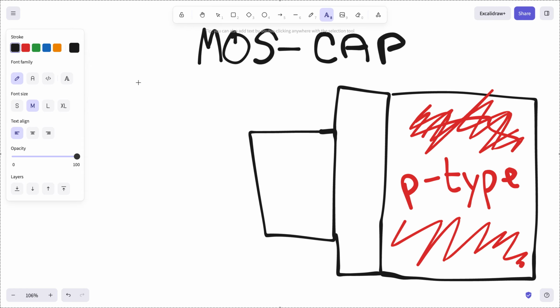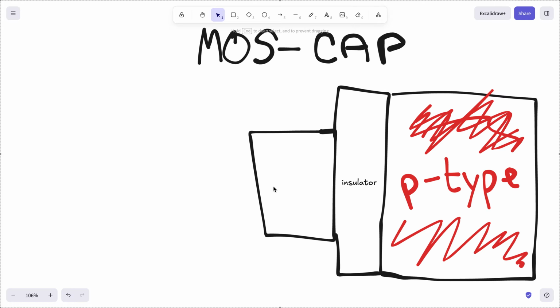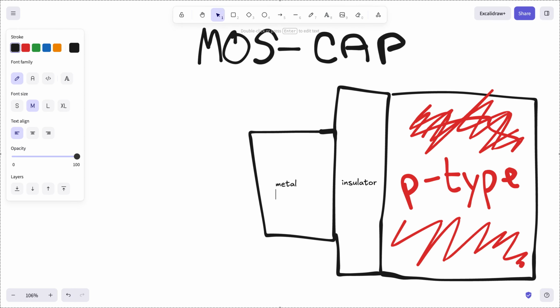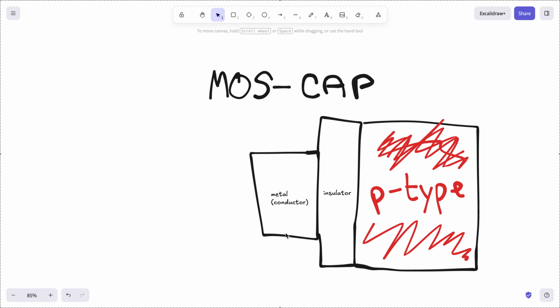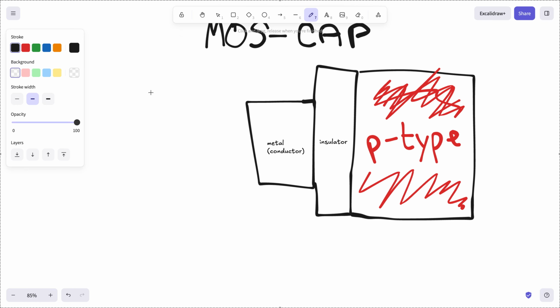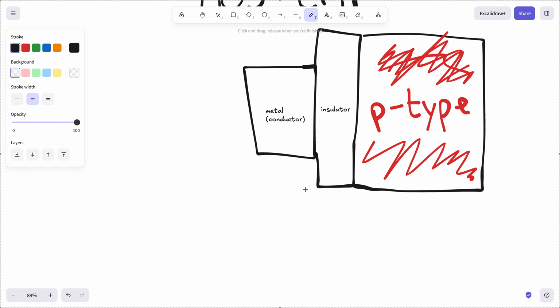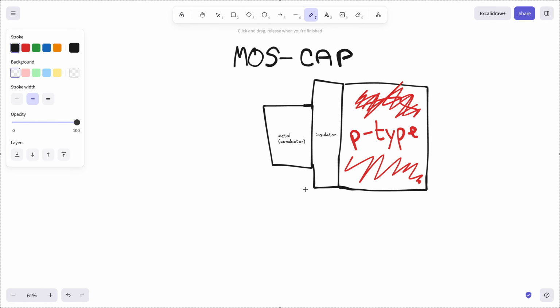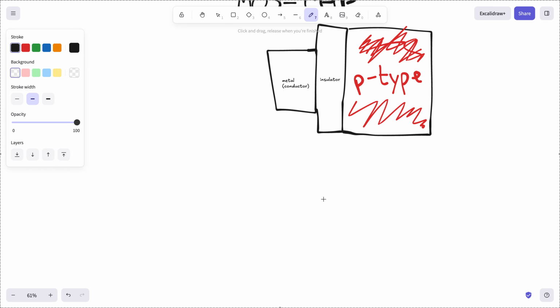And then the insulator in the middle, and then at the end is a metal or some kind of conductor. Now, the first thing we want to do is label some quantities for the band diagram of a MOSCAP to understand the key properties we need to know.